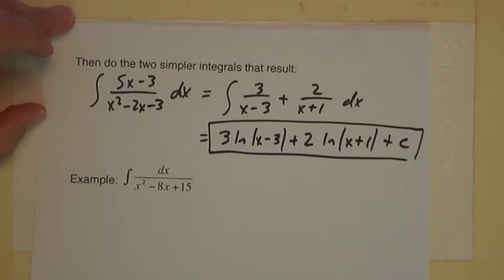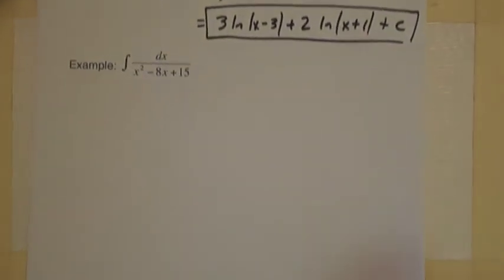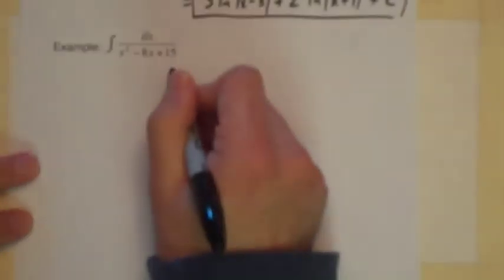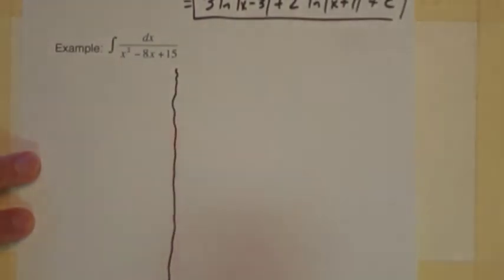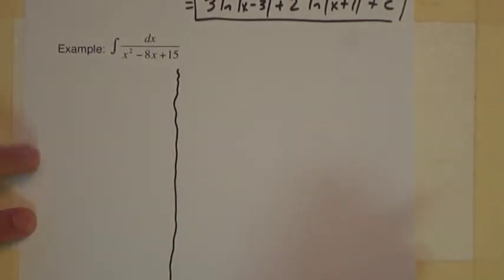So let's do another example from start to finish. Here we go. My suggestion for this problem, and most of these, is to do all your scratch work, your partial fractions, on the right side, and then just do the integral on the left side.